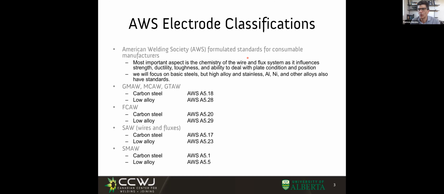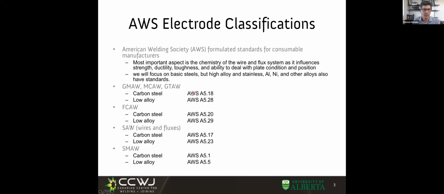The standards we'll be discussing today, well, very tangentially, because each of these standards is very deep and it's like reading law, right? Are the ones for MIG, metal core, and TIG, for flux core, for submerged arc welding, and for stick welding.